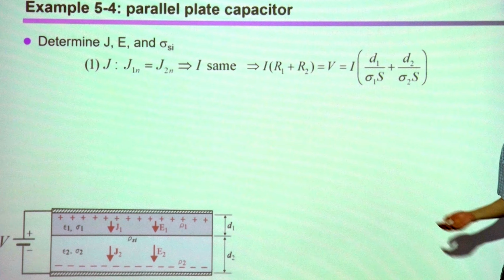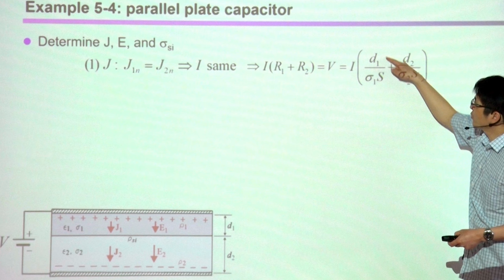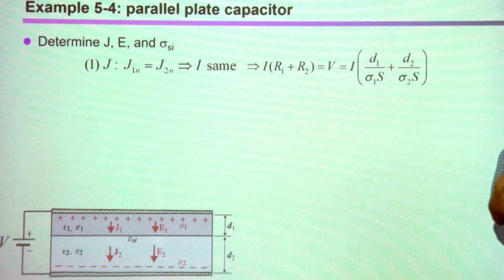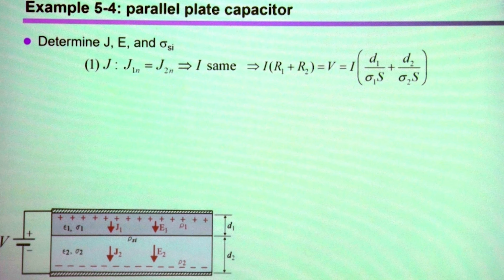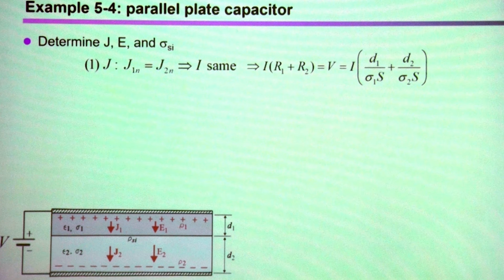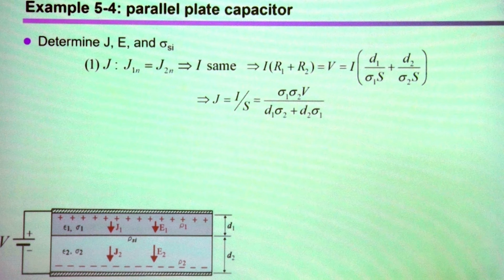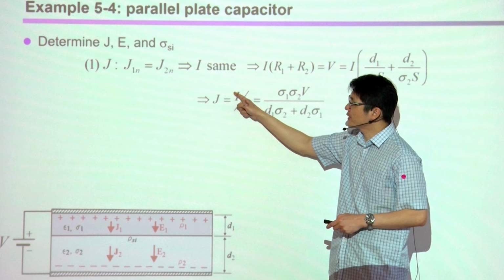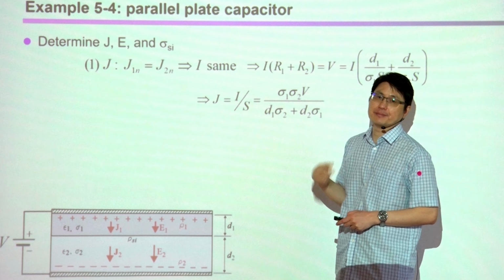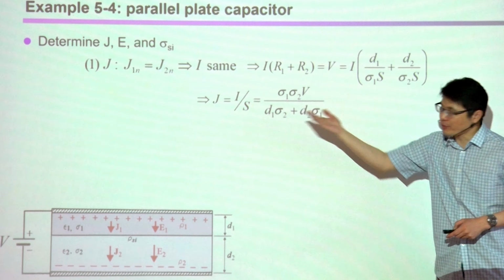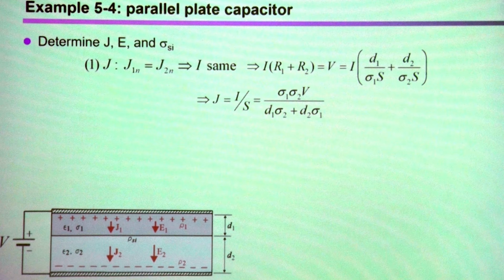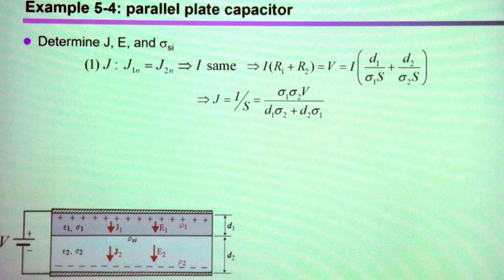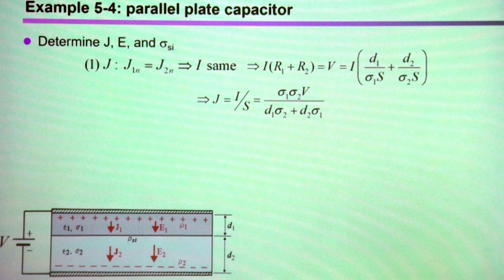So we can directly write down I times R1 plus R2, and that is equal to my supplied potential or voltage. But J is nothing more than current divided by the surface area. So this is straightforward. For this given problem, right, parallel plate, very big plates, you can just calculate the current density.